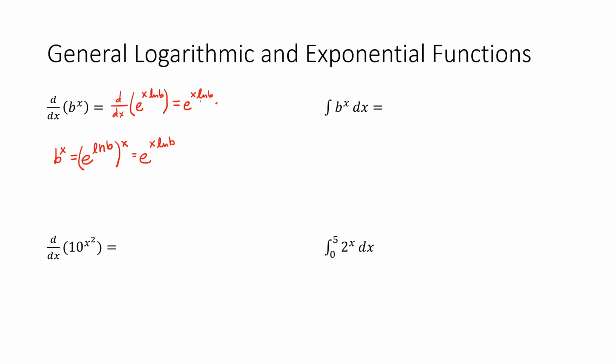In this case, the derivative of x times ln b is just a constant times x. So we're left with that constant ln of b. And I can then return e to the x ln b back to b to the x. So it's b to the x times ln of b.